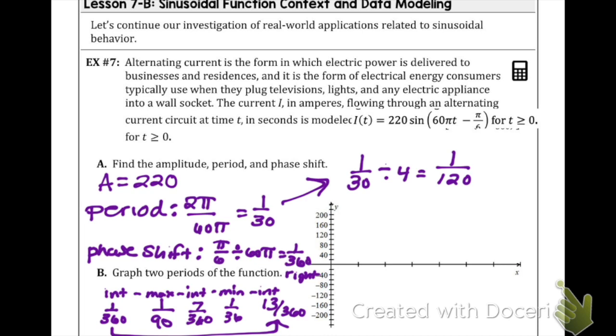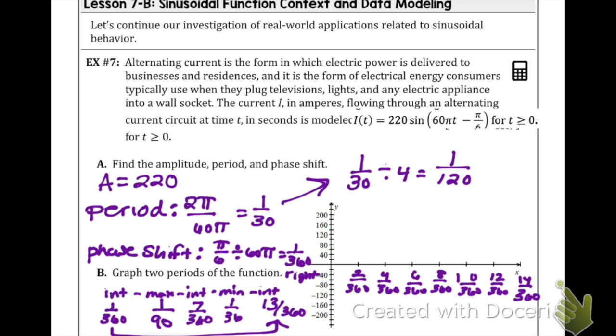So since we're jumping by 1/120th plus 1/120th, I think I'm going to make each of these be a 2/360ths. So 2/360ths, I know that can be simplified. 4/360ths, 6/360ths, 8/360ths, 10/360ths, 12/360ths, and then 14/360ths.